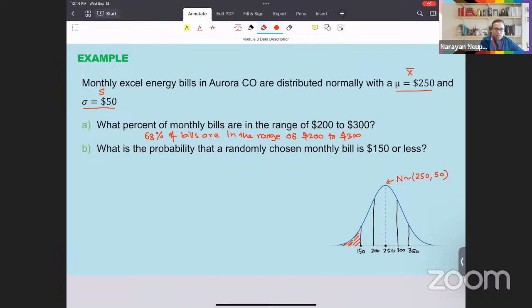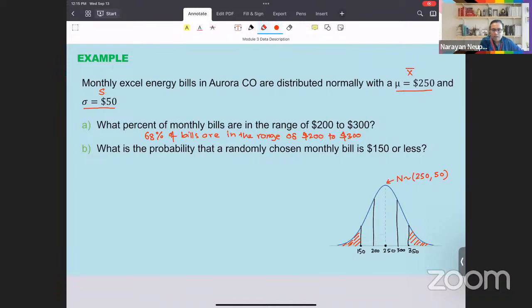And what we know is this distribution is a normal distribution, or symmetric distribution. So the amount of data that is here is equal to the amount of data on this side. That is by symmetry. By symmetry, the area on the two tails must be equal.